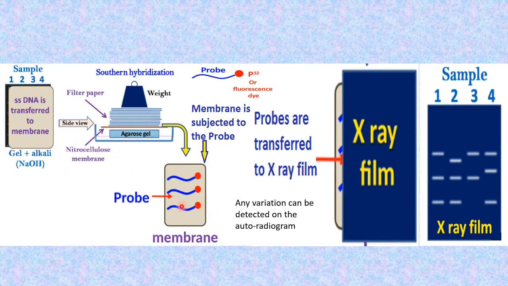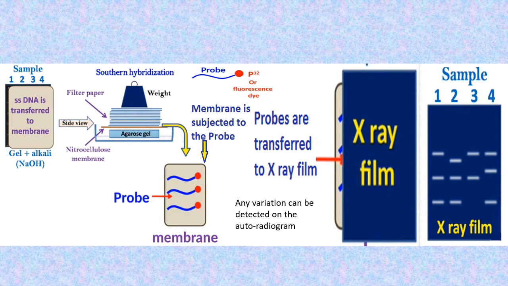And then after, these probes are transferred to an X-ray film. So these probes have got this marker part, and once they are transferred to the X-ray film, we can easily view the position of these fragments that contain a desired oligonucleotide sequence.